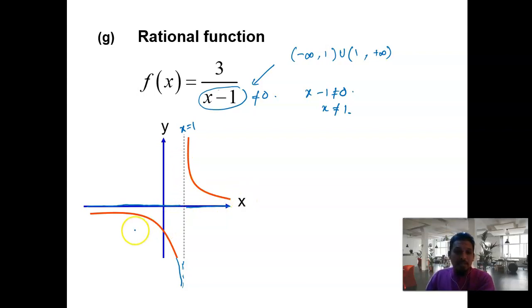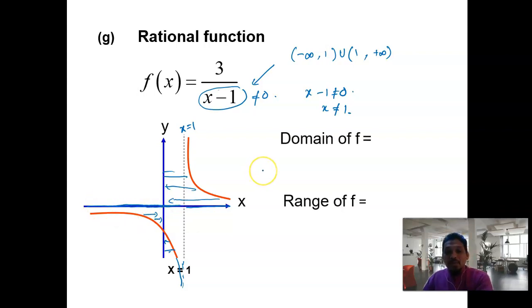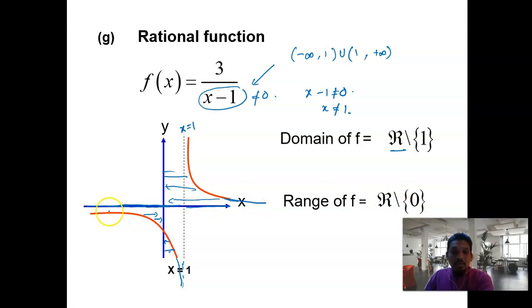And the range, if you refer to the y-axis, is mapped to all values of y except when y equal to 0. Y equal to 0 is along the x-axis. So the domain is all real numbers except 1, and the range is all real numbers except 0, because the graph approaches the x-axis, getting closer and closer, but it won't touch the x-axis.